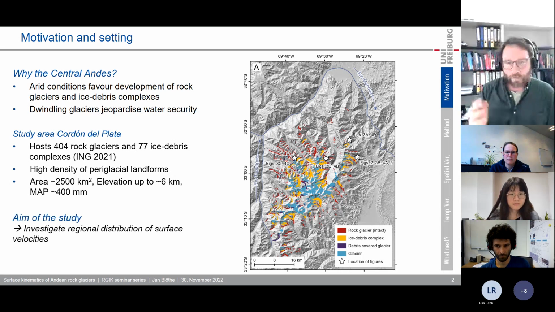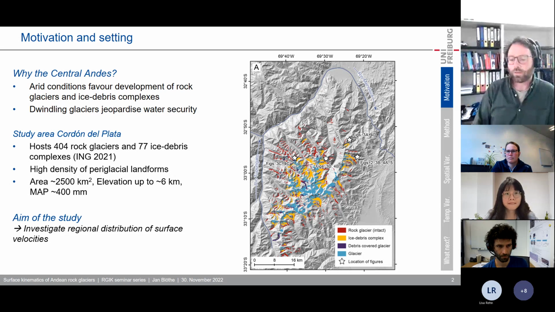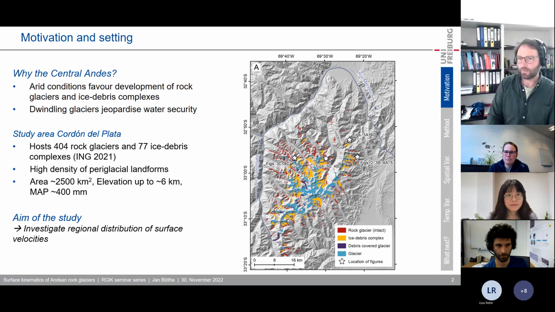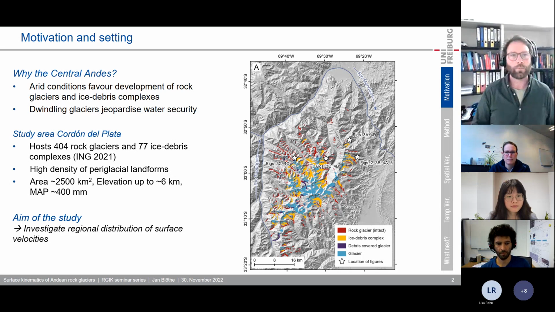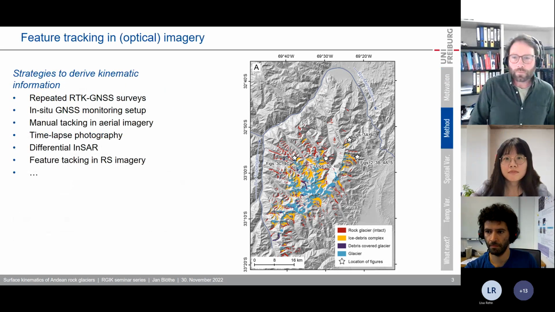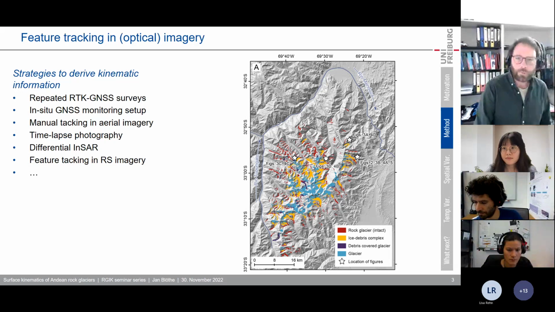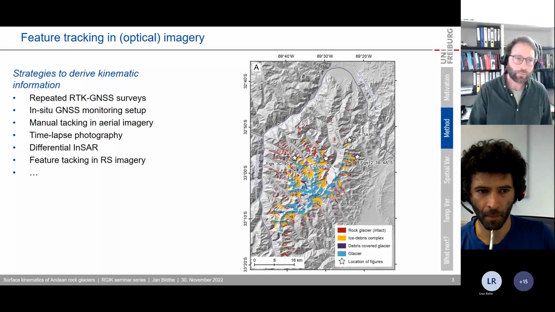In the beginning, the aim of my study was to investigate the regional distribution of surface velocities, or rock glacier kinematics. We know some details on rock glacier kinematics in the Central Andes, as there were studies published before, but our idea here was to provide a broader picture of a large assemblage of landforms. When we investigate kinematics of rock glaciers and ice debris complexes, we have a certain set of methods.